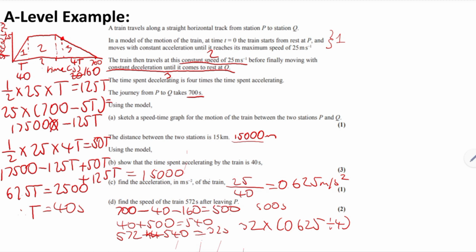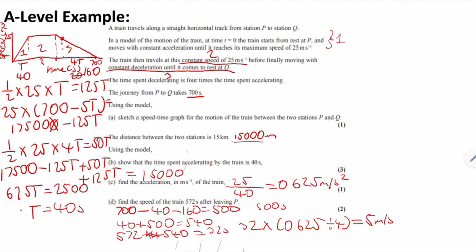And we need to multiply that by 32, as that is the time between 572 and 540. So 32 multiplied by 0.625 divided by 4 will give us 5 meters per second.